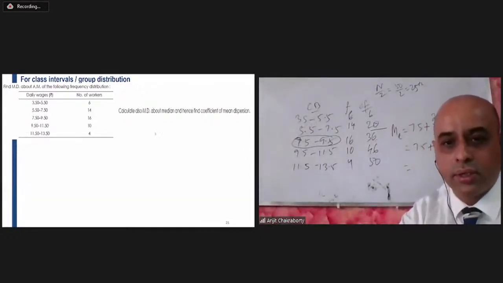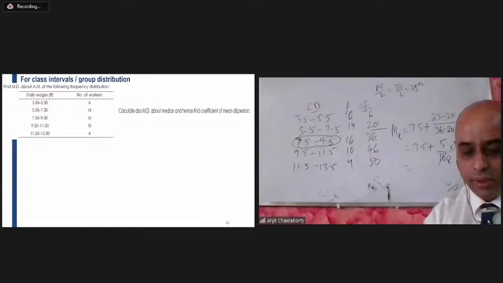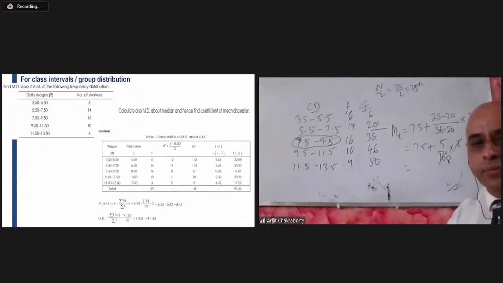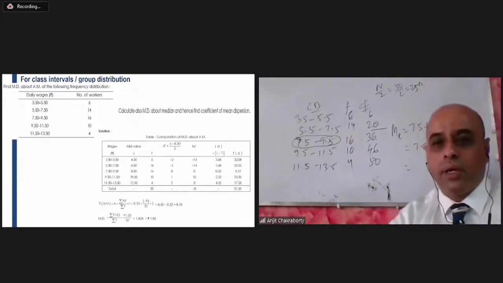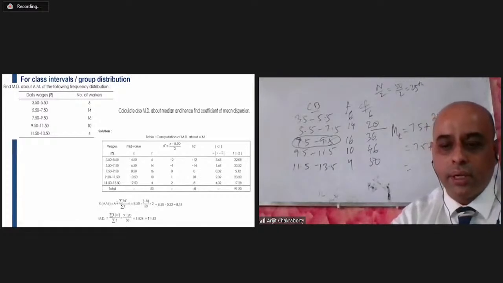Let us just work out and see how much we have got. 5 divided by 8 is equal to 0.625. 7.5 plus 0.625. So we are getting approximately the median using the formula which we have done here.